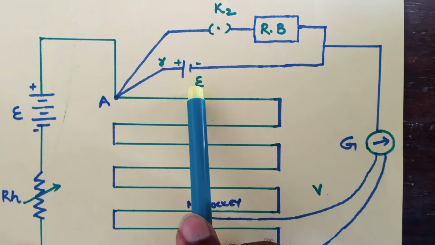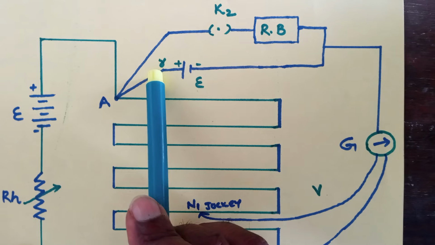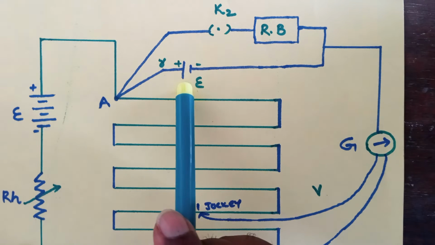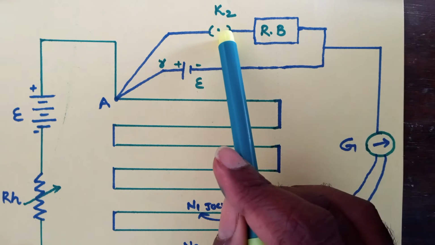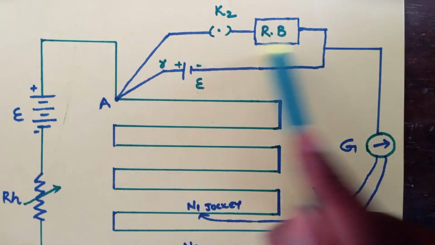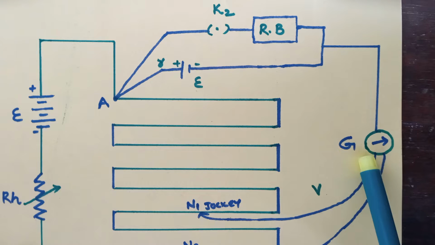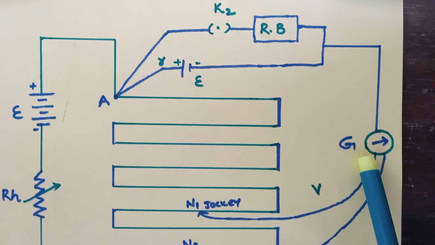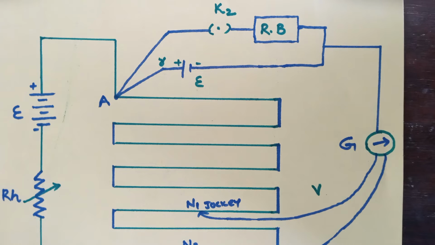The given cell whose EMF is epsilon and internal resistance r is connected to the resistance box and plug key K2, and this combination is connected to a jockey through a sensitive galvanometer.